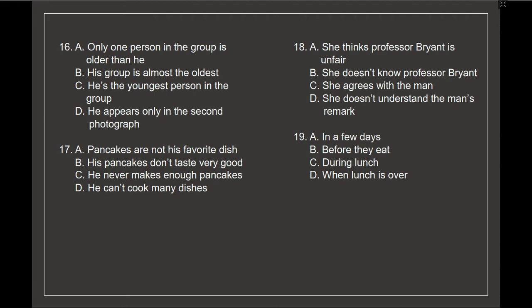What does the woman mean? Number 19. "We should discuss our presentation sometime in the next few days." "Fine. How about over lunch today?" When does the woman want to talk about the presentation?